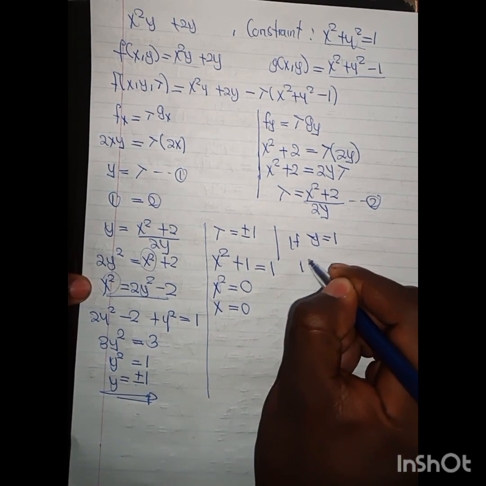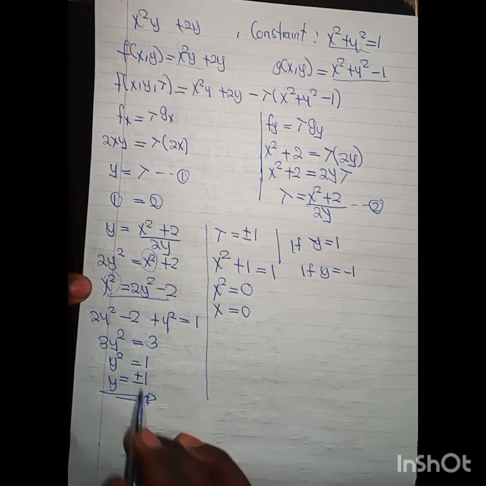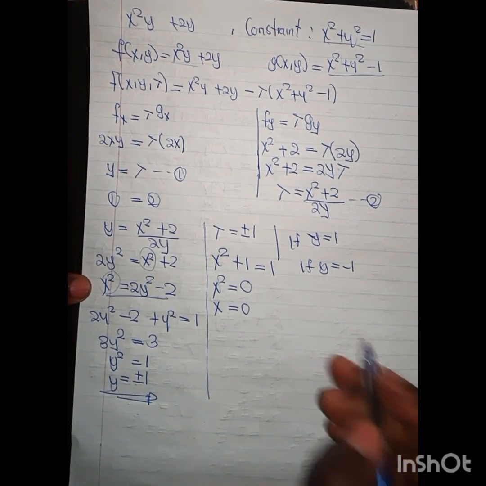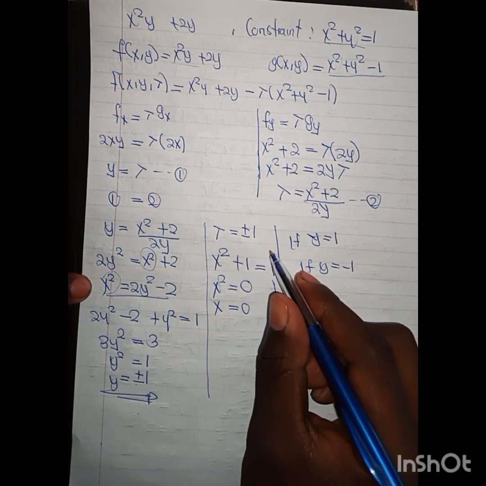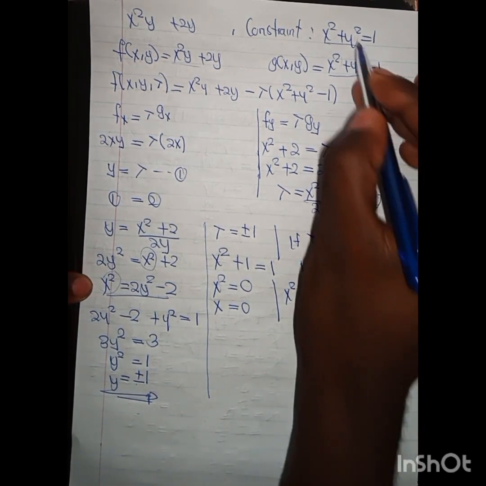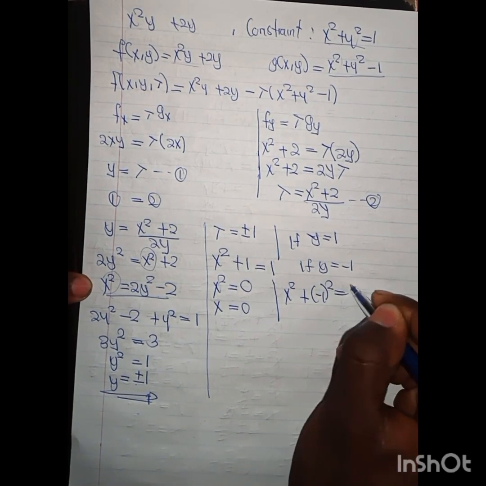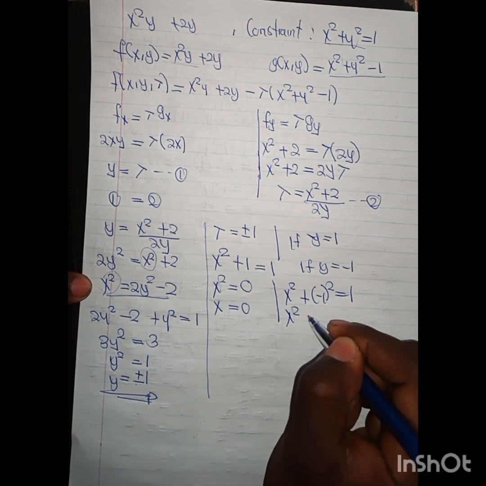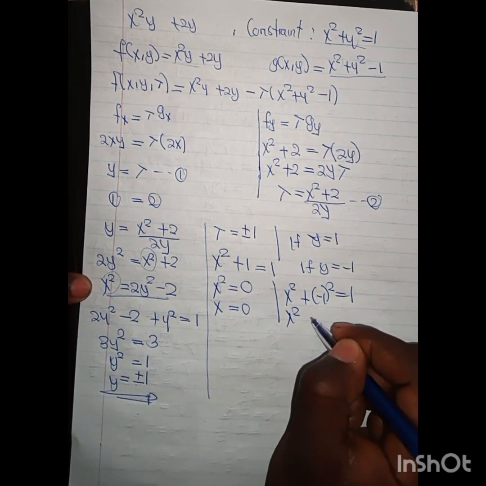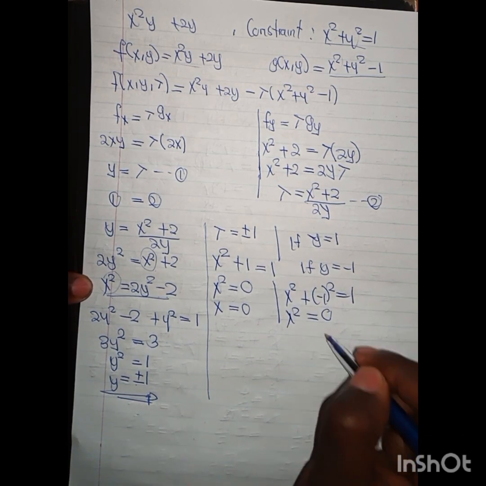Then let me say now if y is negative 1, because y must be plus or minus 1, then I have to find the value of x. It means x squared plus, where there is y, I put in negative 1 squared equals 1. Then x squared plus 1 equals 1. When I take it to the right, it becomes negative. So I will have 1 minus 1, and 1 minus 1 is 0.